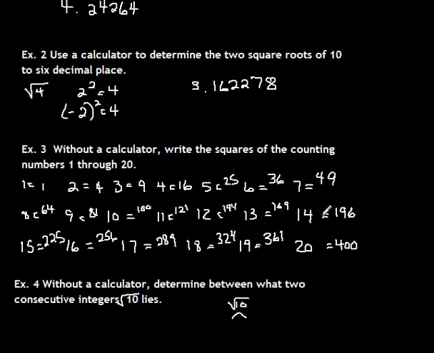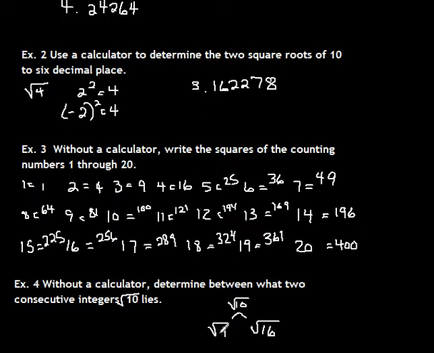So the square root of 10 would be somewhere between the square root of 9 and the square root of 16. So you find the two perfect squares that this one is in between. The square root of 9 is way down here, and 16, 10 is in between those two perfect squares.